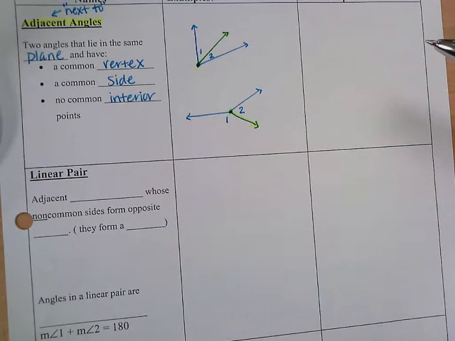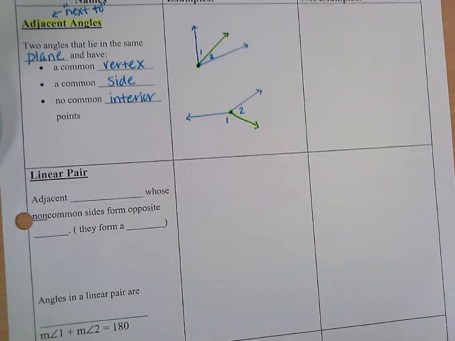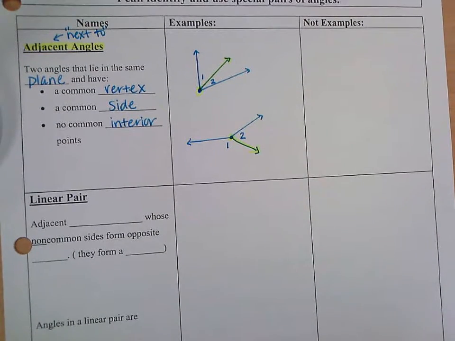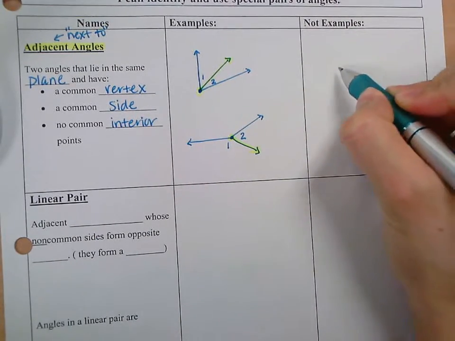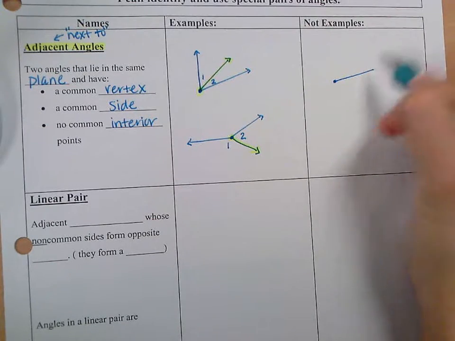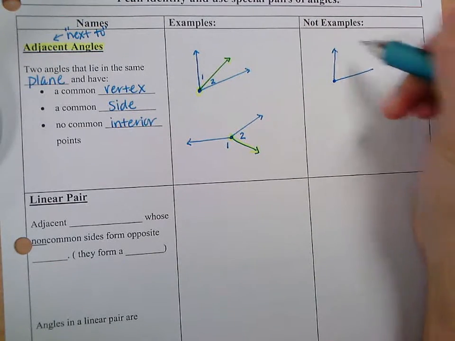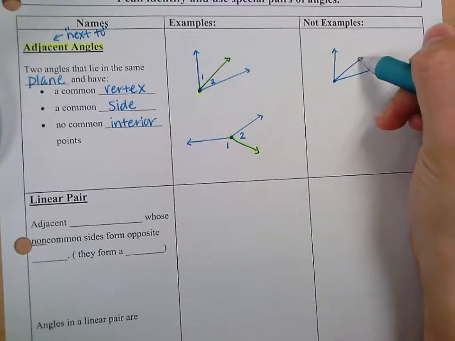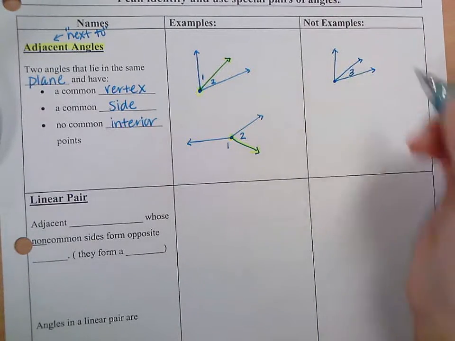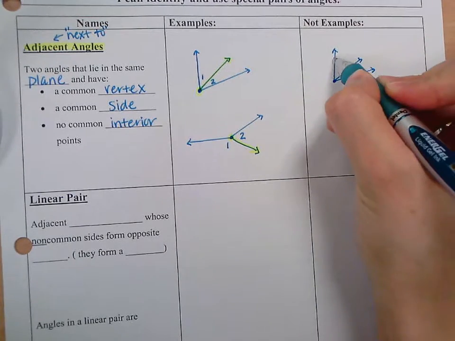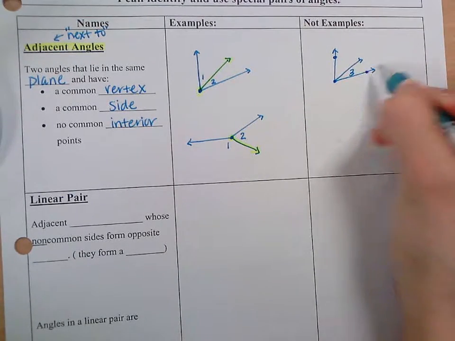So then here, I'll draw some examples that are not adjacent. I'm going to draw a similar picture to this, but label it differently. I'm going to label this as 3, and then I need to label some points here.